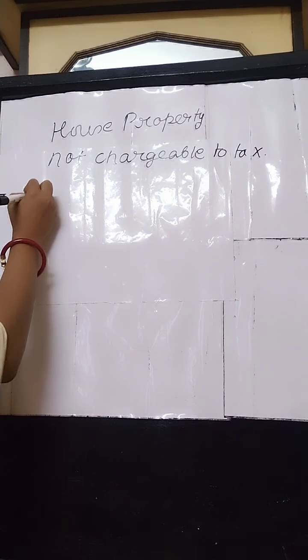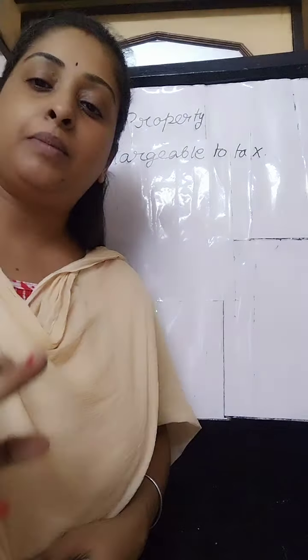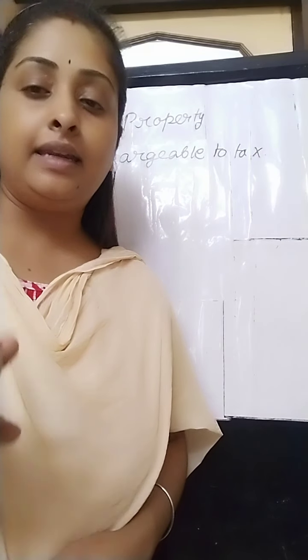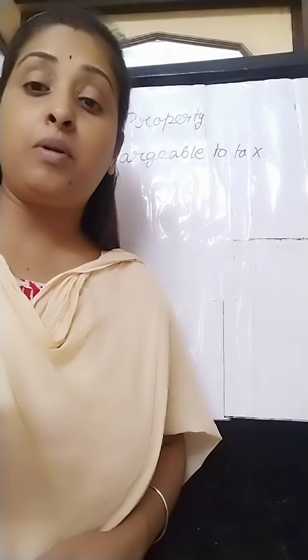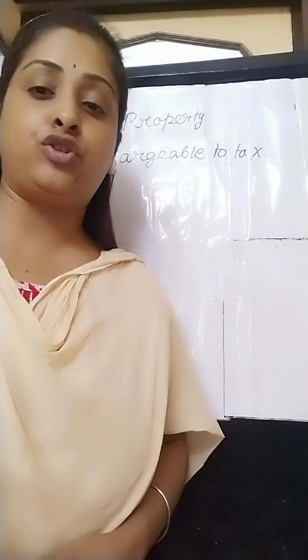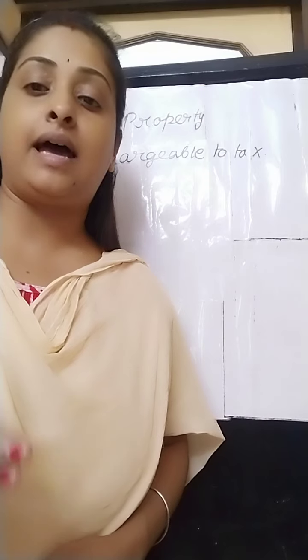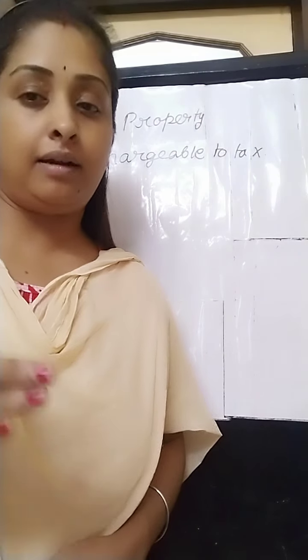What are those? Number one is the income from a farm building. Income from a farm building will never be considered as income from house property, so it will not be chargeable to tax. Income from a farm building is a part of agricultural income.